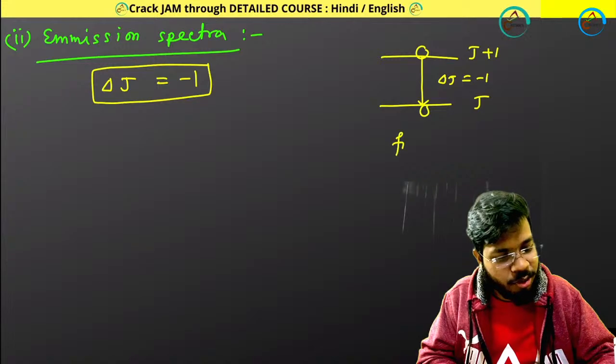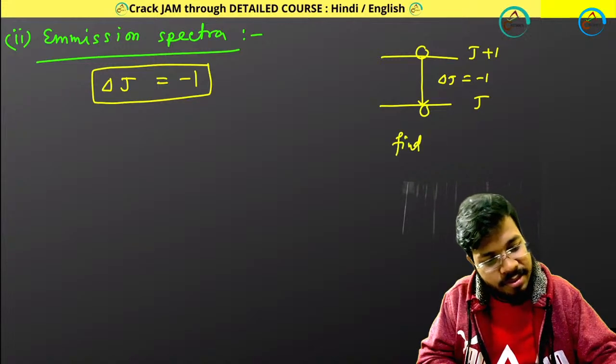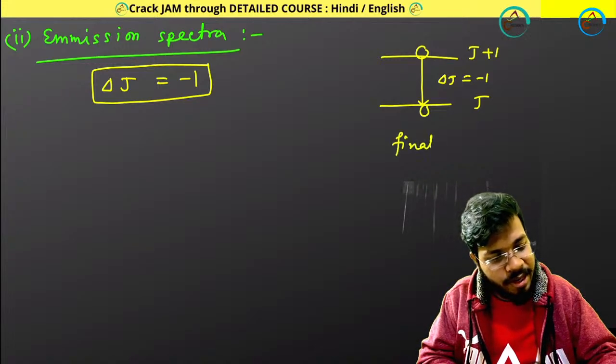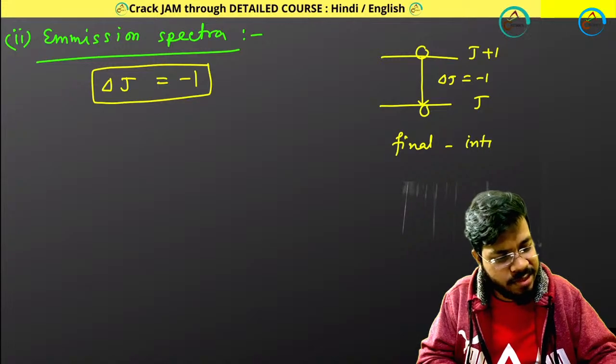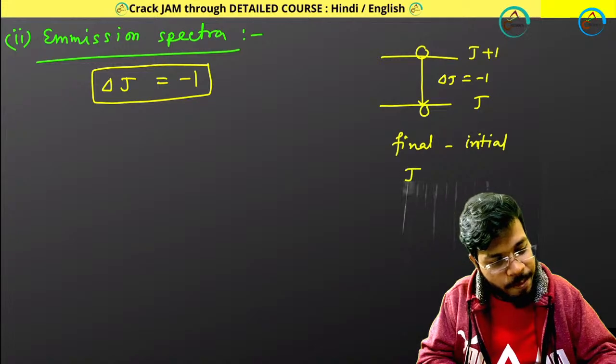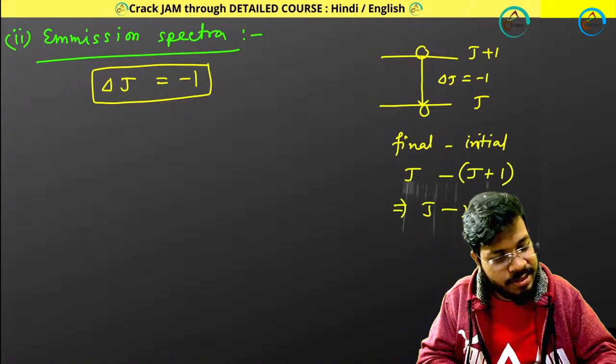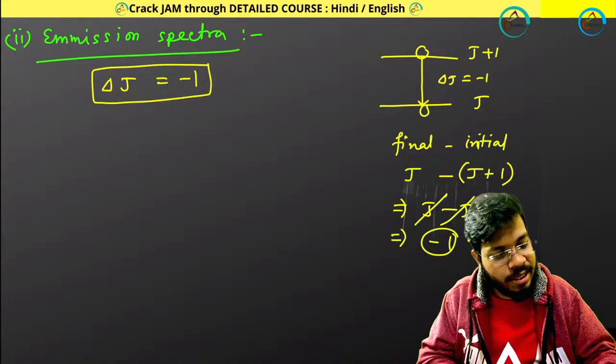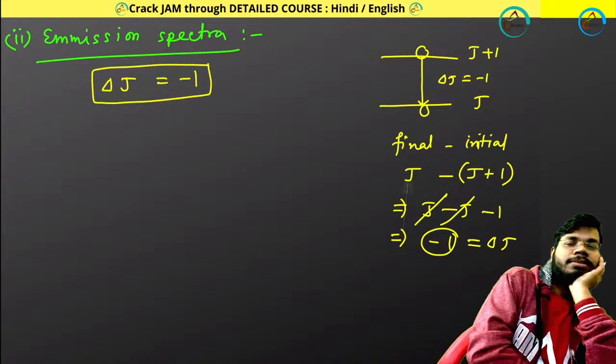Final minus initial is the delta J value. Right? So final is J, initial is J plus 1. J minus (J plus 1) is -1. That's why your delta J value is -1.